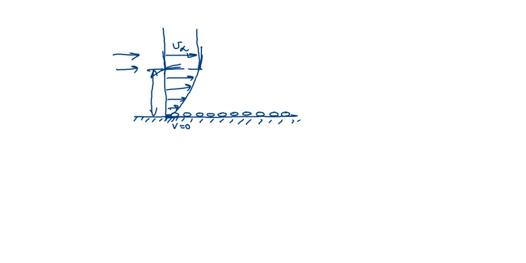Now consider this layer of fluid, where the velocity is 0. Definitely, if heat has to be transferred from the solid plate to the fluid, this heat has to pass through this region, right?